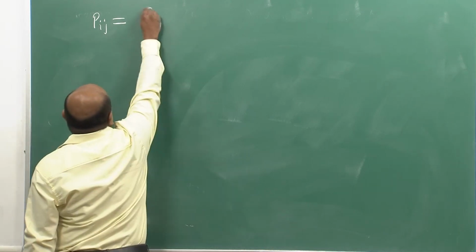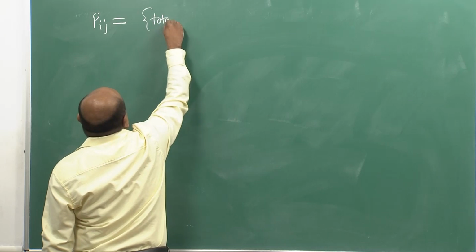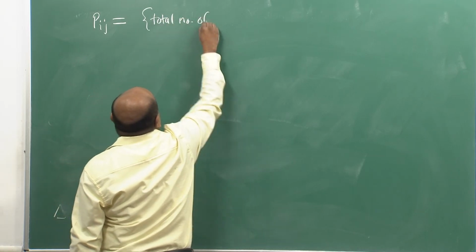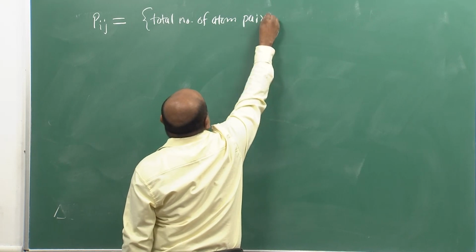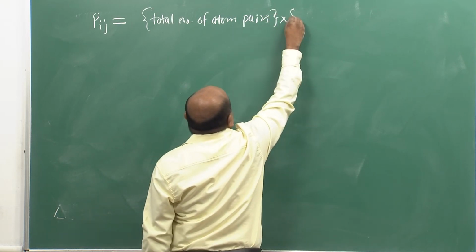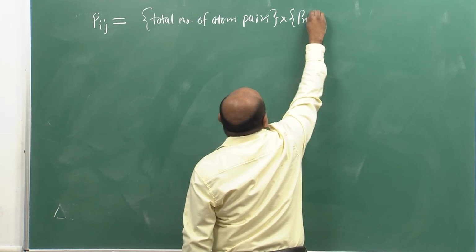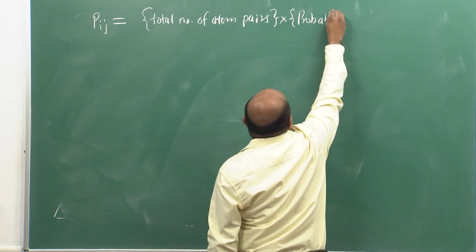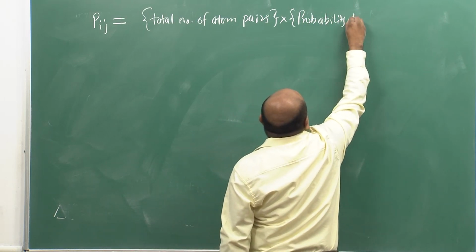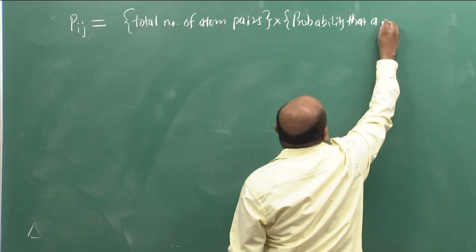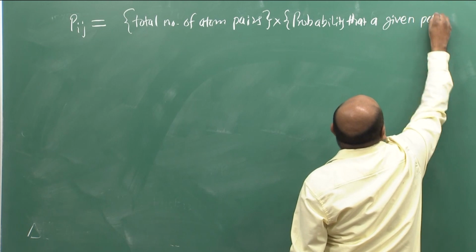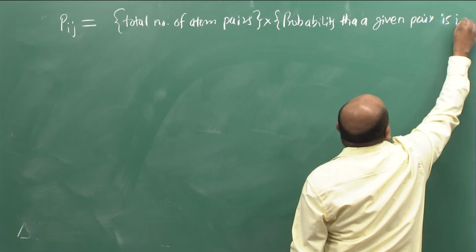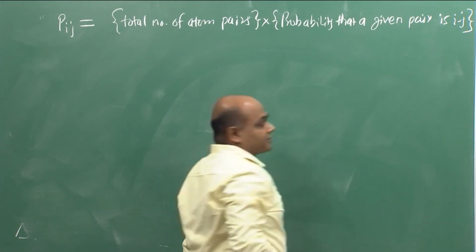So, Pij is equal to total number of atom pairs multiplied by the probability that a given pair is an Ij pair.